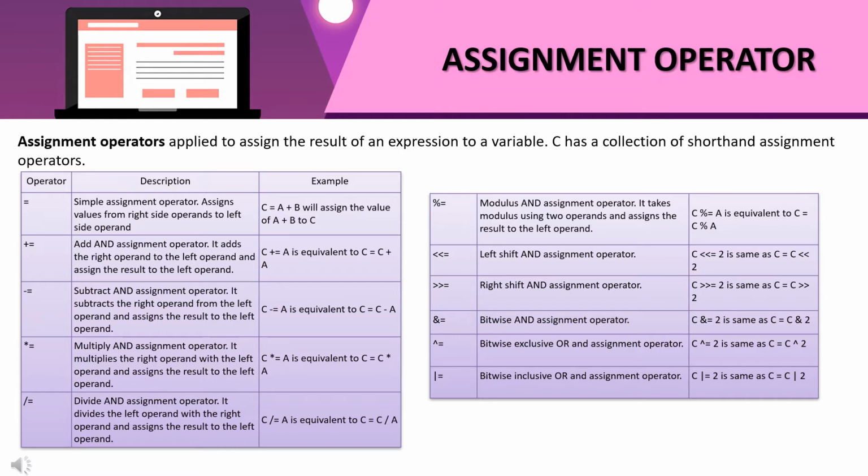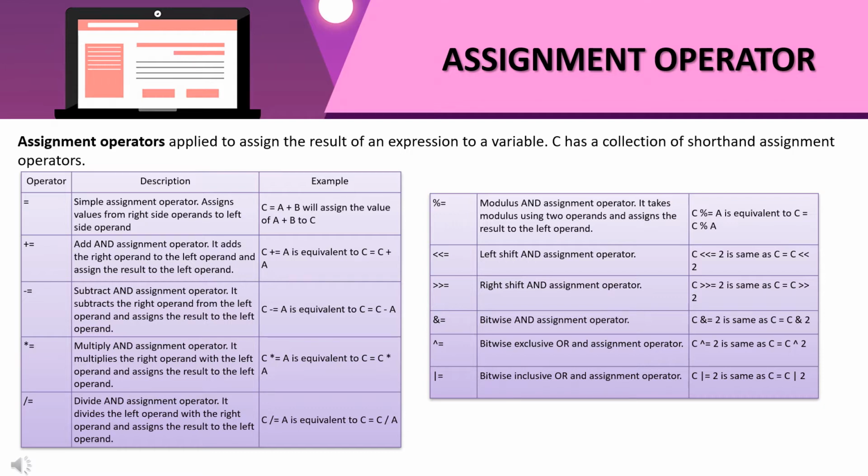Next comes the multiplication sign equal to, the multiply and assignment operator. It multiplies the right operand with the left operand and assigns the result to the left operand. So C asterisk equal to A is equivalent to C equal to C multiplied by A. Divide equal to, the divide and assignment operator.